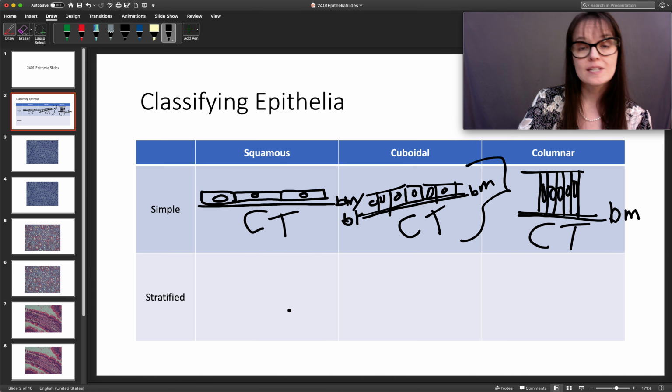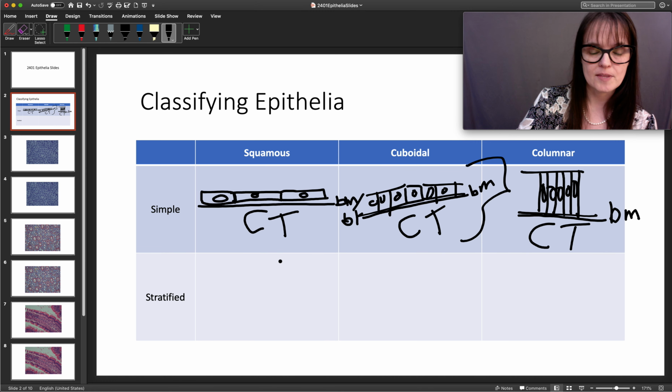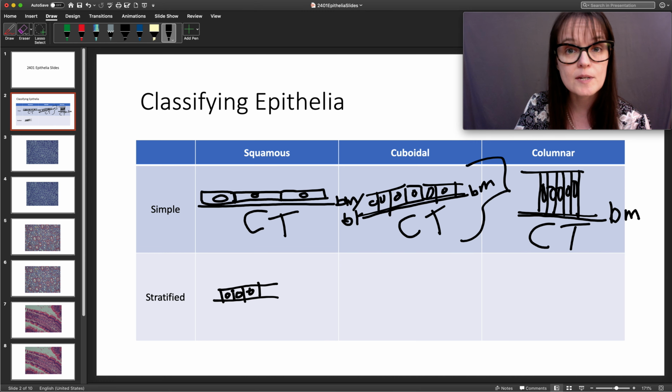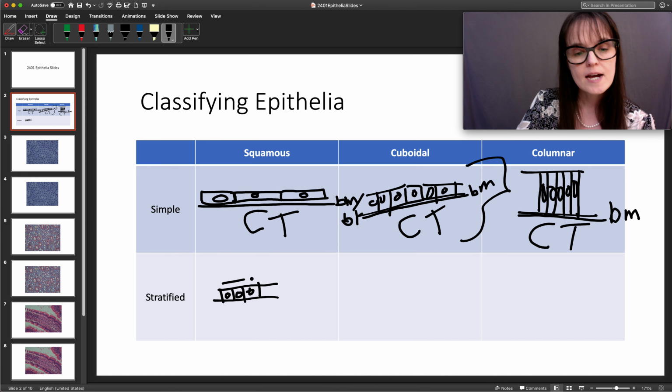So the stratified squamous epithelium has more than one layer. So what happens is the bottom layer tends to be cubes. The bottom layer of a stratified epithelium is generally going to be more cube-shaped, but as you get further up, the layers become flatter, and the tissue is named for the top layer.